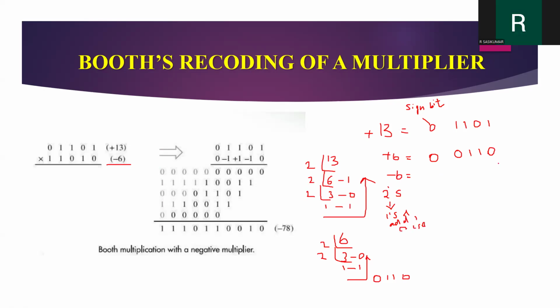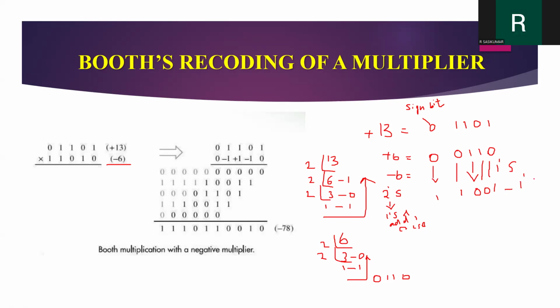Since this is minus, take the 1's complement: 0 becomes 1, 1 becomes 0, 1 becomes 0, 0 becomes 1, and the sign bit 0 becomes 1. This is the 1's complement.